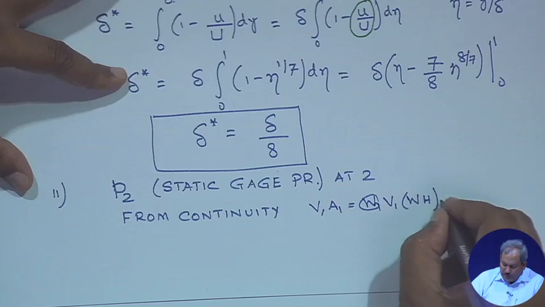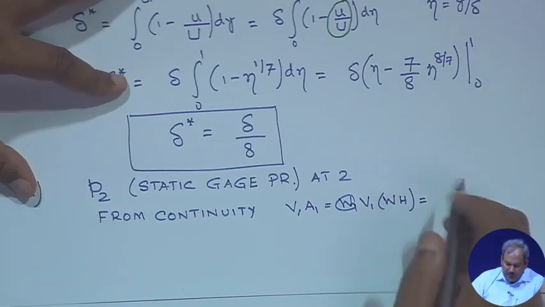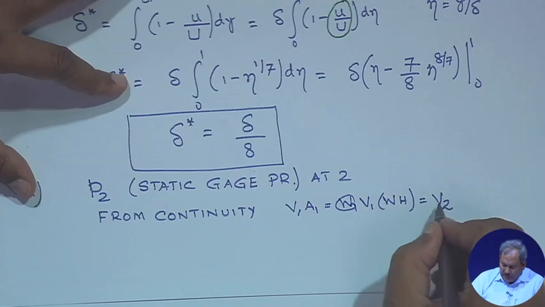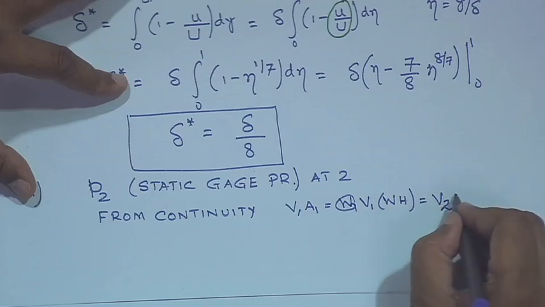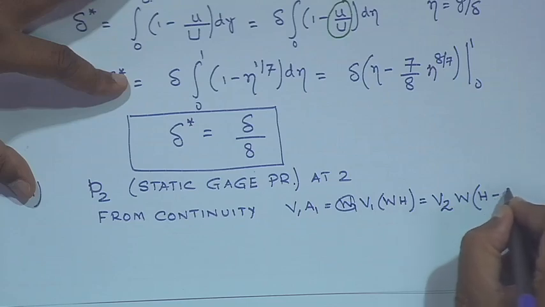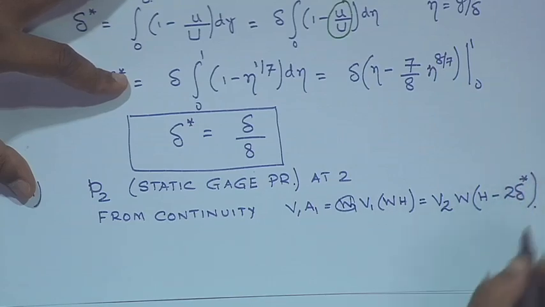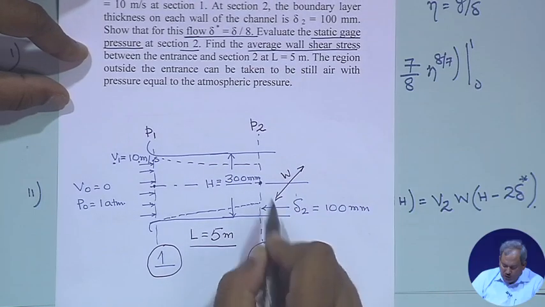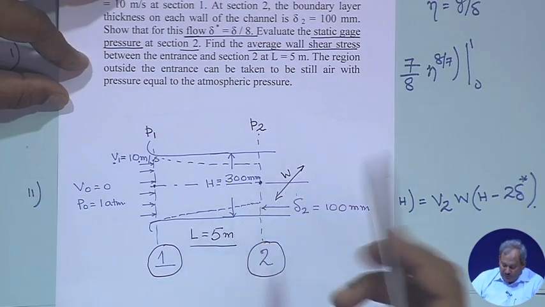So, this is going to be my V1 A1, and at location 2, the velocity outside the boundary layer, let us call it V2, but the available area, utilizing the definition of the displacement thickness, would be equal to H minus 2 delta.